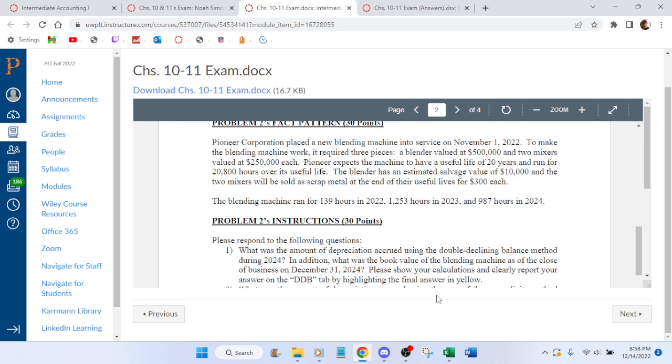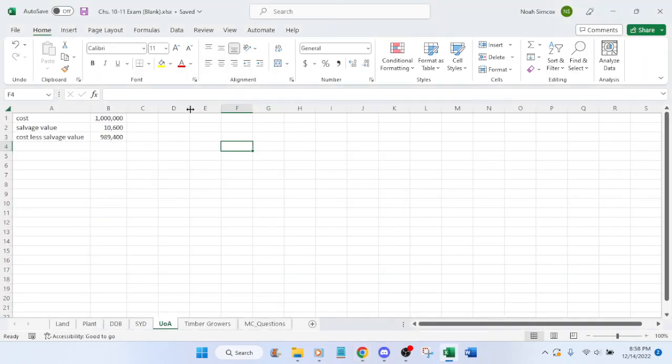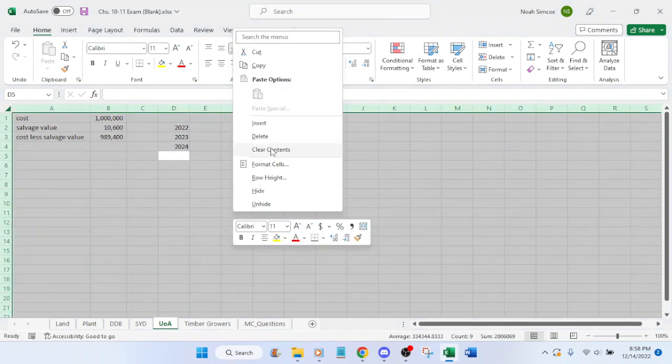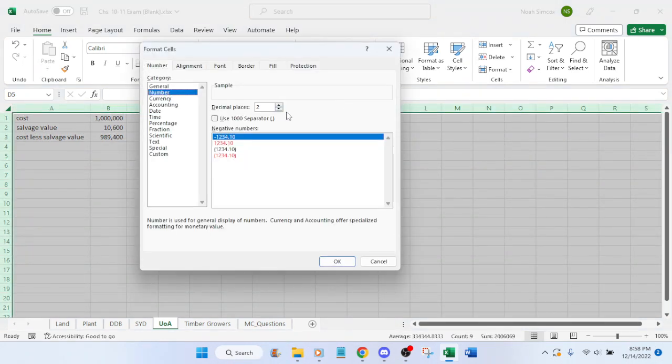And for units of activity, you only need to do 2022, 2023, and 2024. Control A, format cells for number, and we'll even keep 2 decimal places.